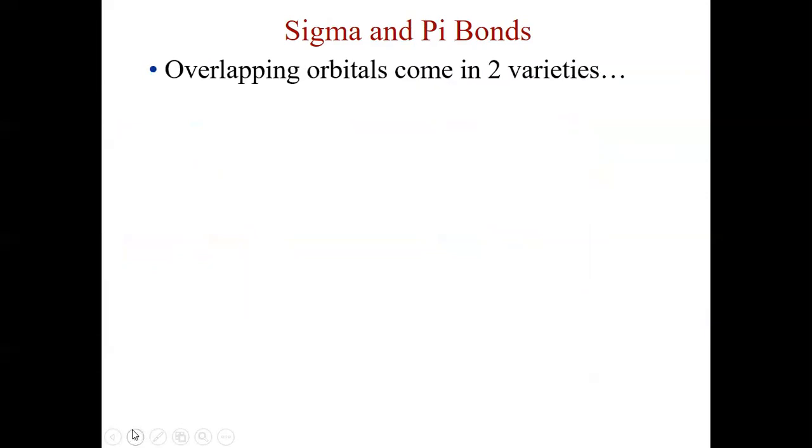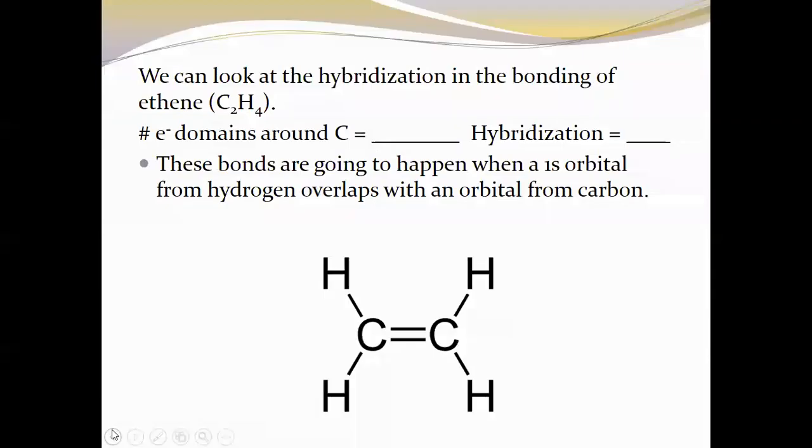So when you have overlapping of orbitals, so we had a little bit of overlapping coming in here, the bonds are going to happen when a 1s orbital from hydrogen overlaps with the orbital from carbon.